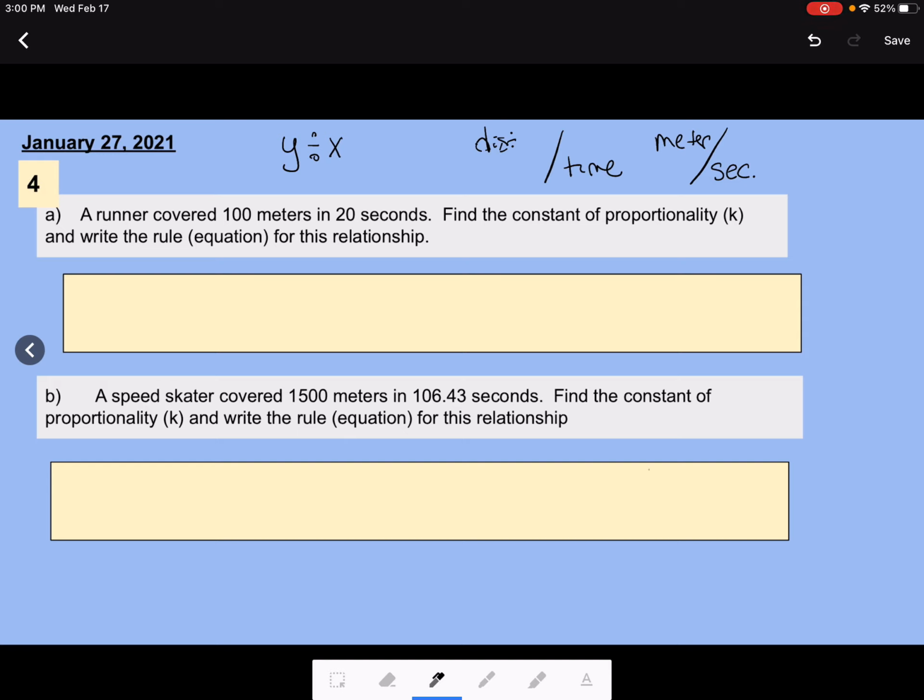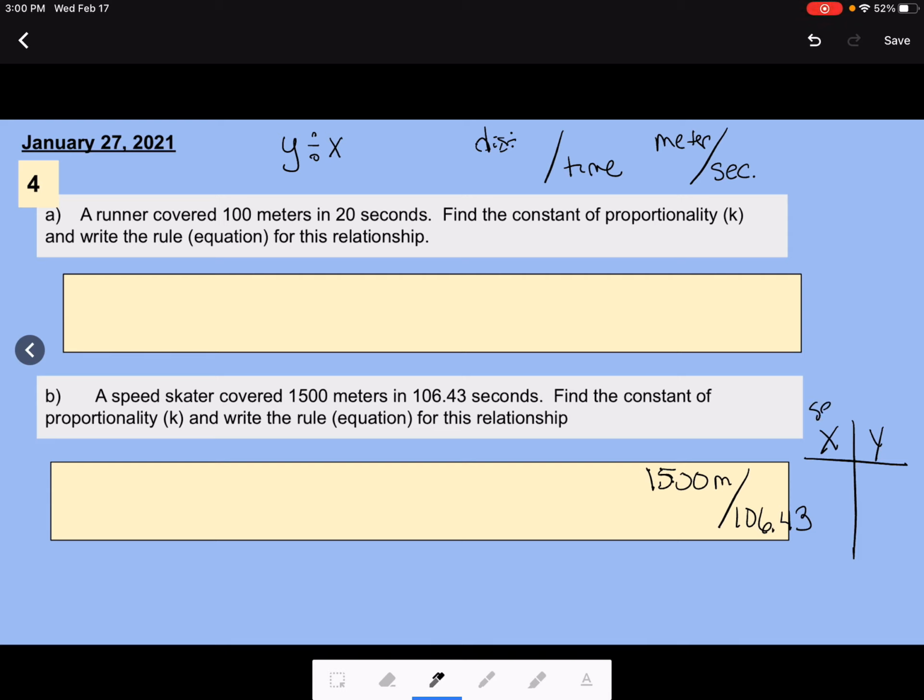Okay, so I'm going to set this up and say this is 1,500 meters in 106.43 seconds, right? If we put it in a table, the y and x, we're going to divide meters per second.